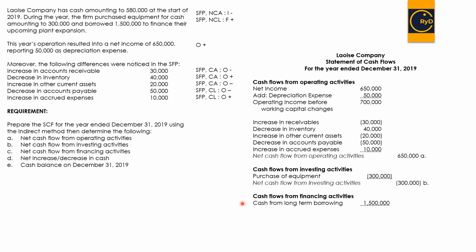So since this is the only transaction also for our financing, we can then get our net cash flow from financing activities at 1.5 million. So we just sum up our net cash flow to arrive at 1,850,000. And then we add our cash beginning at 580,000 to get our cash ending balance at 2,430,000.